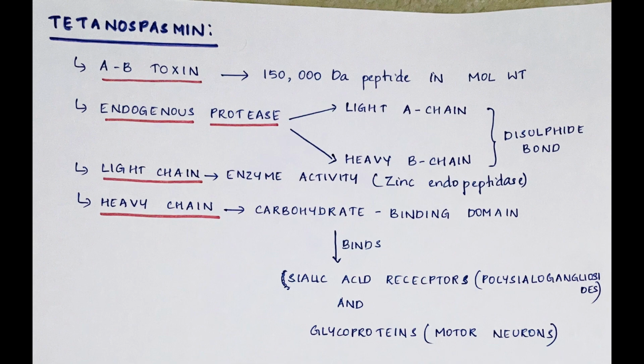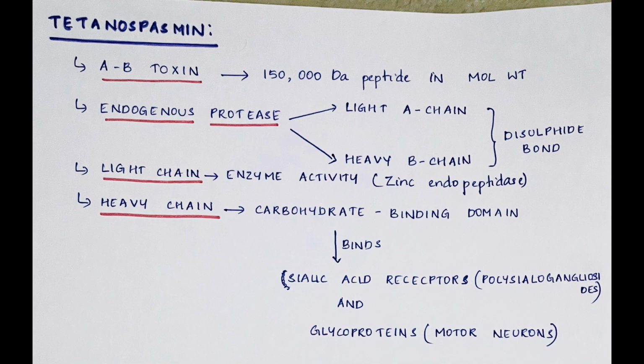Tetanospasmin is an AB toxin. It is a 150,000 Dalton peptide in molecular weight. By the action of the enzyme endogenous protease, it is cleaved into a light A chain and a heavy B chain when the neurotoxin is released by the cell. Both chains A and B are bonded by a disulfide bond and non-covalent forces.